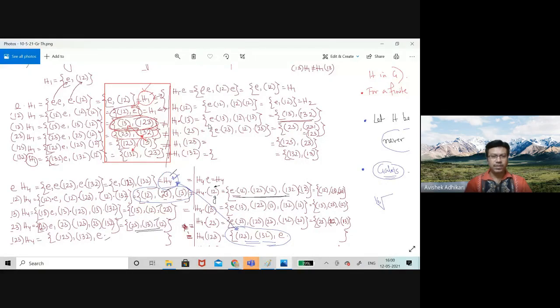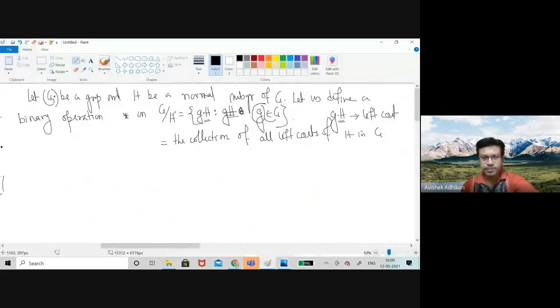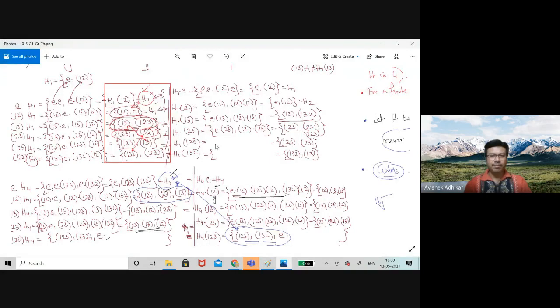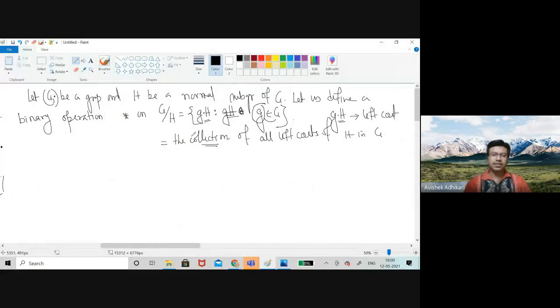Though we multiplied with 6 elements, ultimately we got only three different types of left cosets. That's why this is called a collection. That means the same entity may appear many times. For example, here the same entity appeared two times. So that is, naively speaking, the difference between a collection and a set. A collection means the same entity may occur many times. But if I consider A, B, C, then we usually do not consider this as a set, but we may term it as a collection.